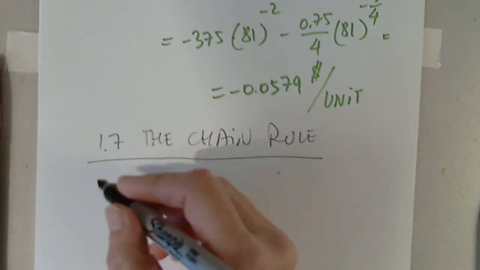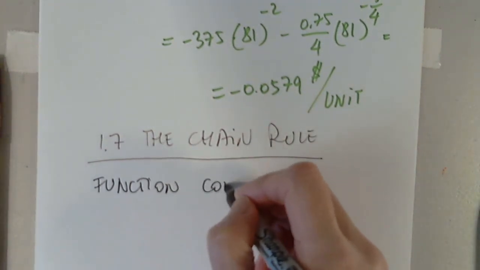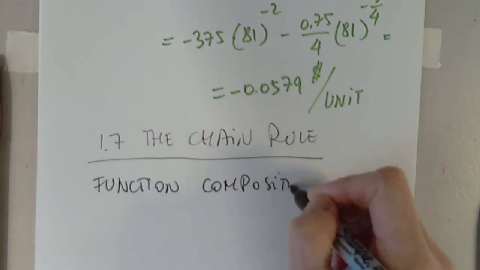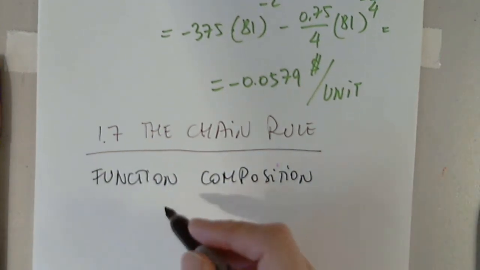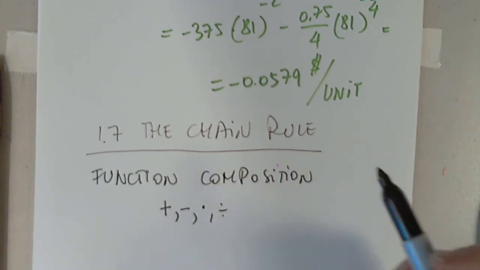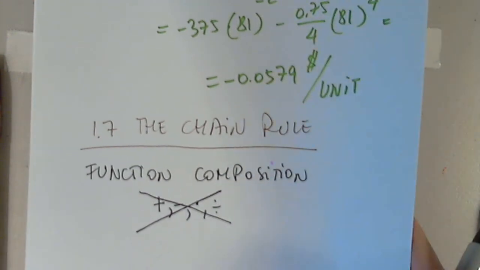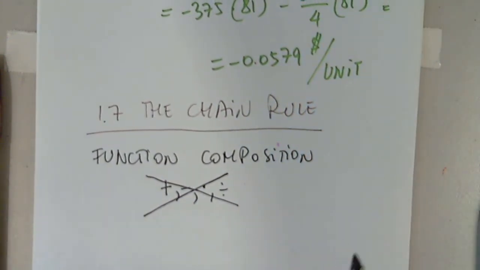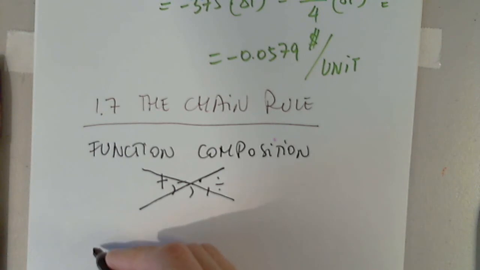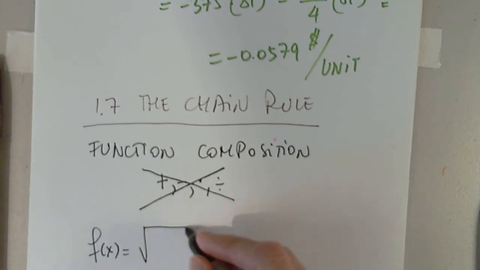Well, we're really talking about what is called function composition. I'm not talking about the sum, the difference, the product, or the quotient of functions. No, I'm talking about a function inside another function. For example, let's say I have the square root of x squared minus 3x.